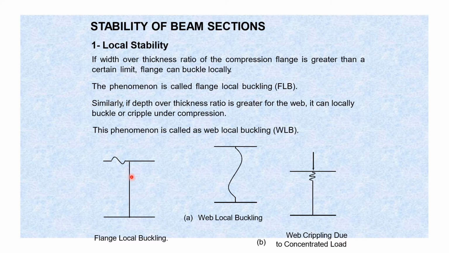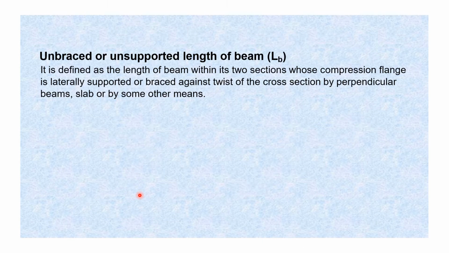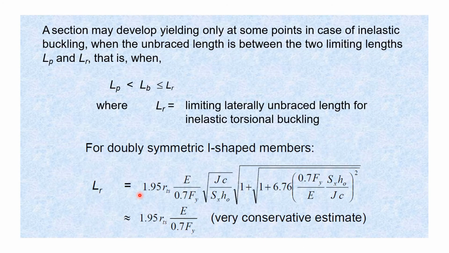Our web is supported on both sides, so that is a stiffened element. But our flanges are supported on one side while the other side is free, so that is called an unstiffened flange. So our web is stiffened. That is the terminology used.